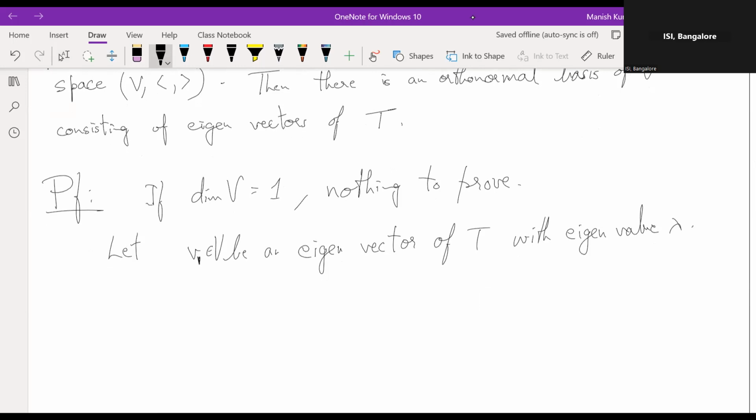Let W be the set of vectors v in V such that the pairing of v with v1 is 0. So in other words, W is the orthogonal complement.